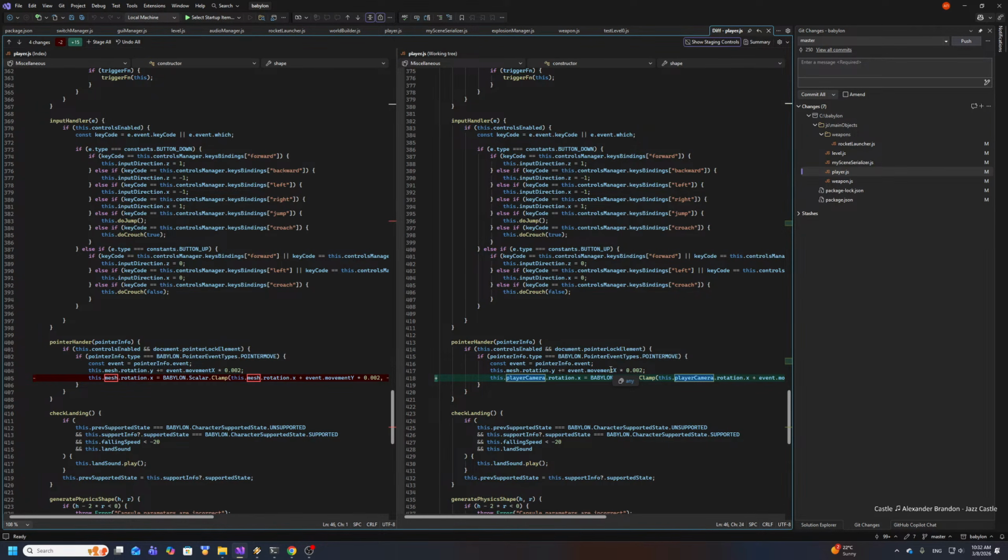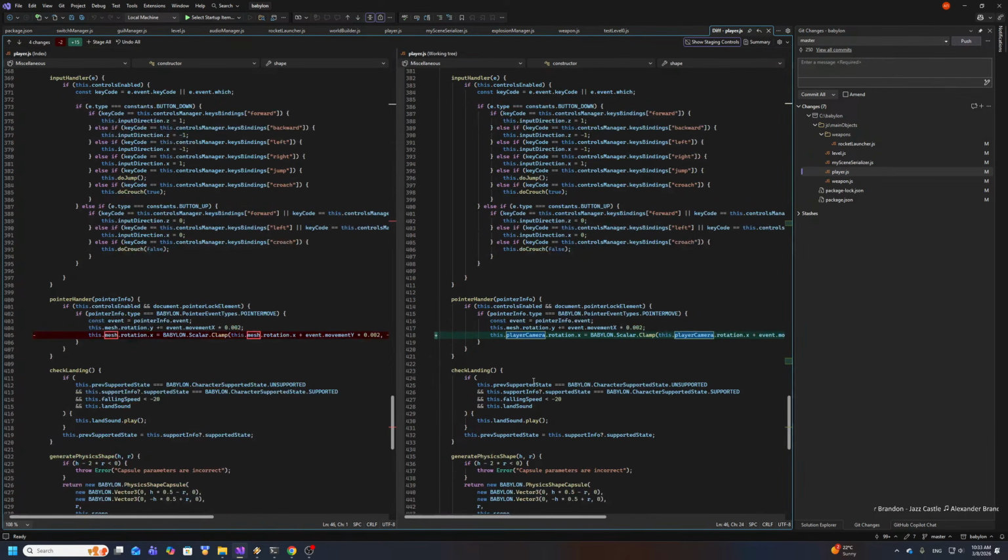Think of it the following way. When we rotate around, we rotate our body, right? But when we look up and down, we don't rotate the whole body, we rotate only the head or maybe even just the eyes. And it makes sense, it solves a lot of problems actually.